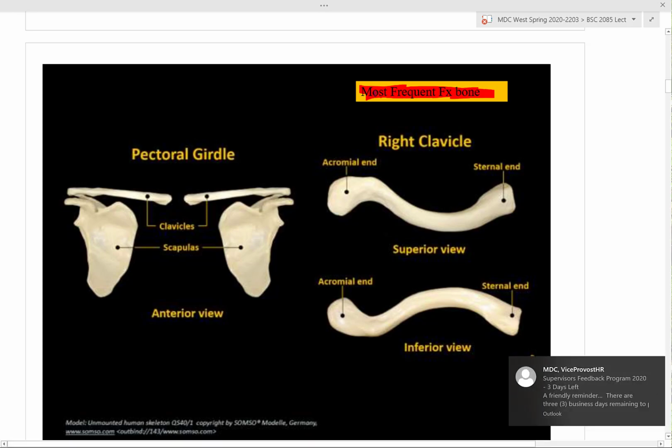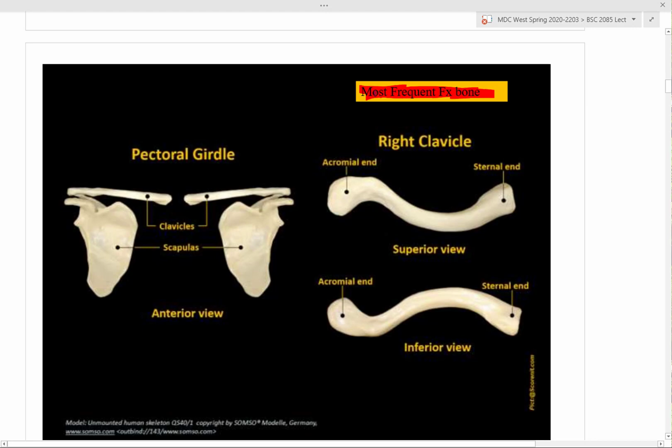It's the most frequent one, because almost everybody needs to wear the seatbelt, and in any trauma or accident, when the car is forced, most likely that seat belt is going to put a big force on the clavicle, and the clavicle is a small, thin bone as well. So that's why it's the most commonly fractured bone, the most fragile one.